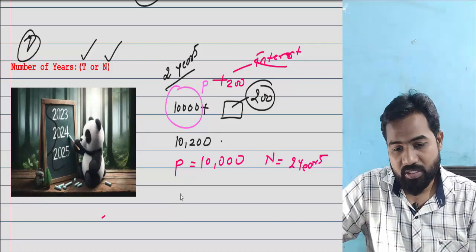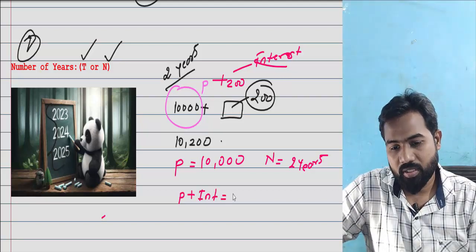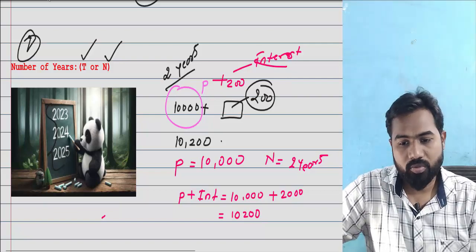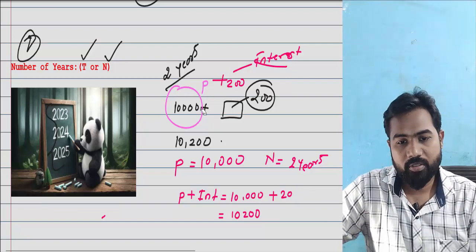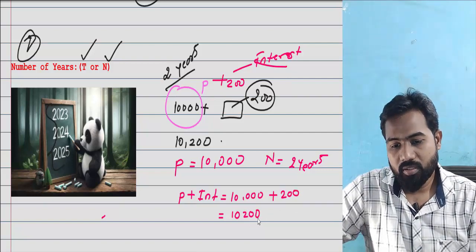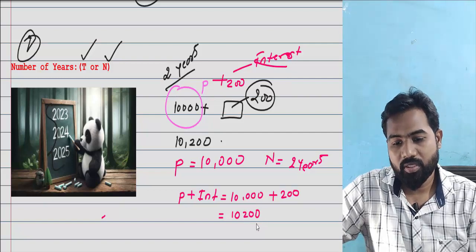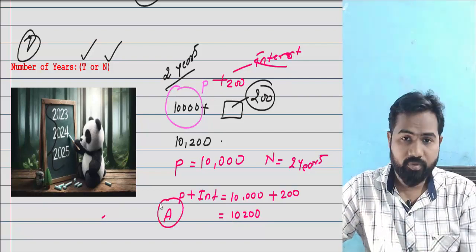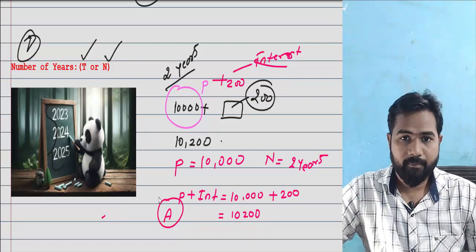So when we add the principal plus the extra amount, that is the interest, 10,000 plus 200, it will become 10,200. Here it is 200, not 2,000. This amount is indicated by capital letter A, that is the amount you are actually going to pay after 2 years.